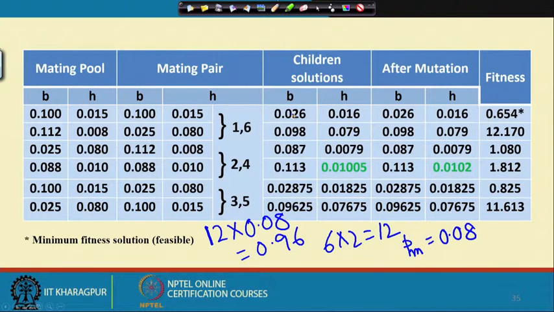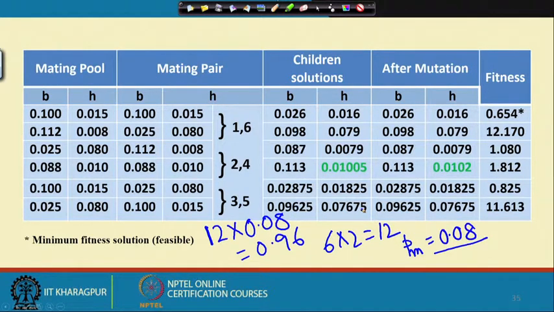I can use the random number generator. If the random number generator generates a number lying between 0 and 0.08, it is a success. That means that particular solution is going to participate in mutation. That testing has to be done at each of these numerical values.